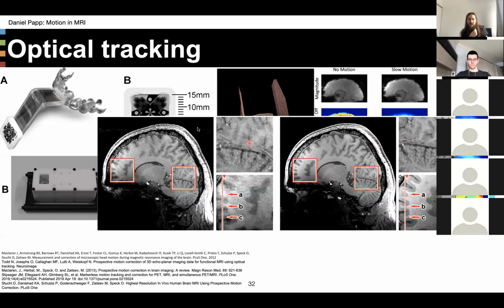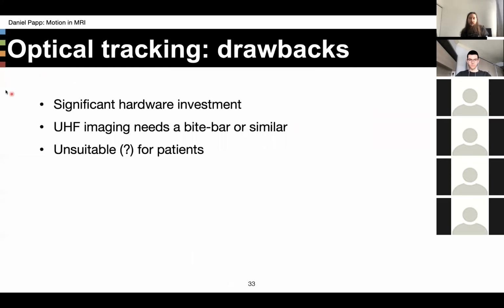So here you can see that a lot of information is lost that is then corrected for using tracking. So the drawbacks of this are it's a significant hardware investment: camera, feedback loop, etc.